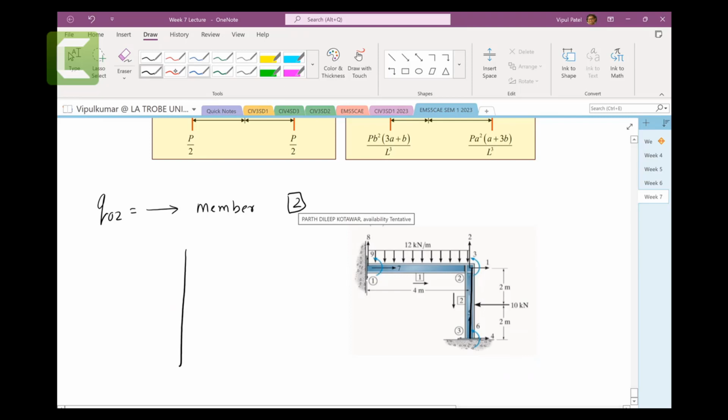Then I can draw these 2 dots. From here, I can draw 1, 2, and 3. I can draw this 10 kilonewtons, which is in the middle. I draw 4, 5, and 6. So far, so good.